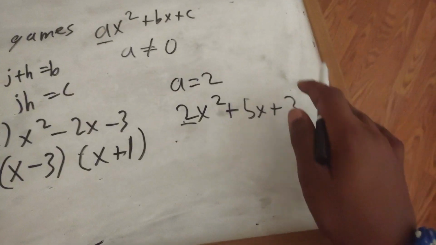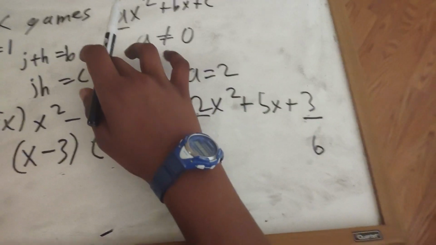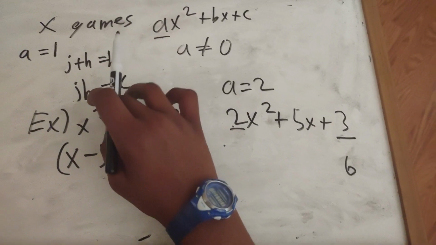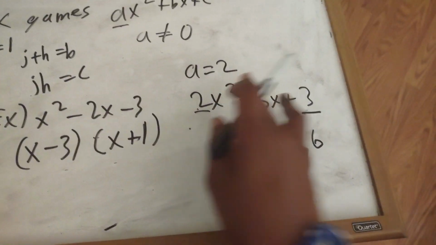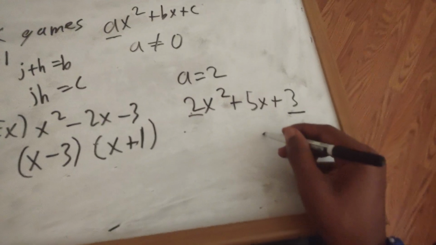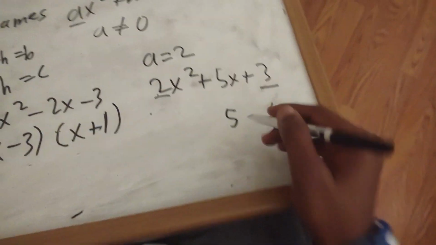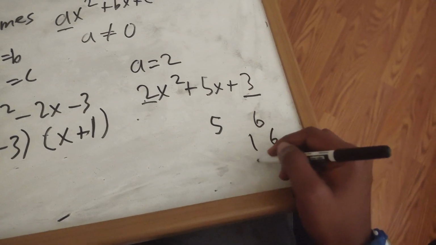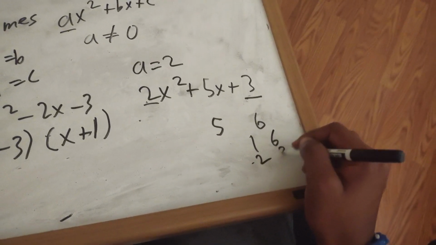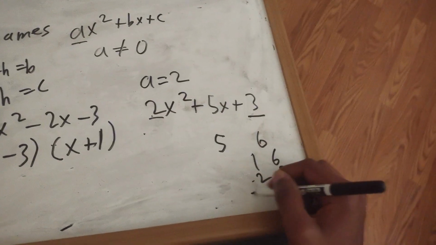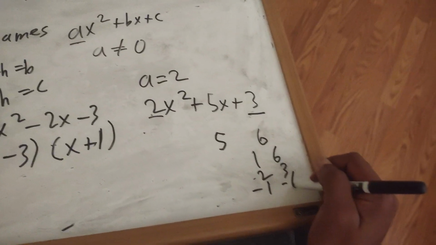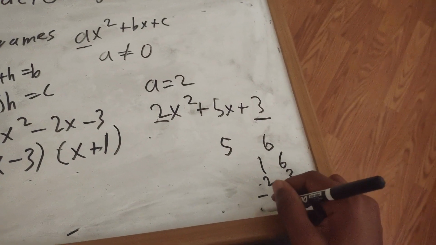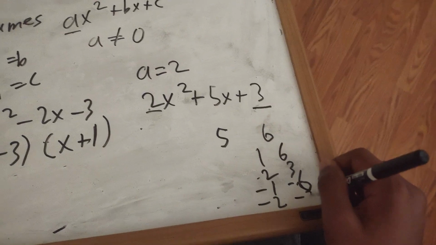We use the same procedure as last time, where we have to find two numbers that add to get b, which is 5 in this case, and multiply to get 6. So what two numbers add to get 5 and multiply to get 6? We can list out all the factors of 6: 2, 3, negative 1, negative 6, and negative 2, negative 3.